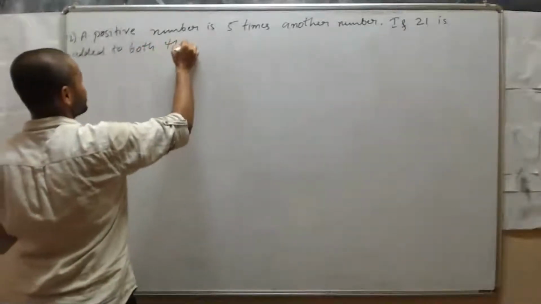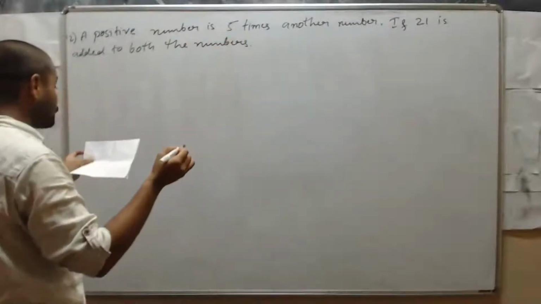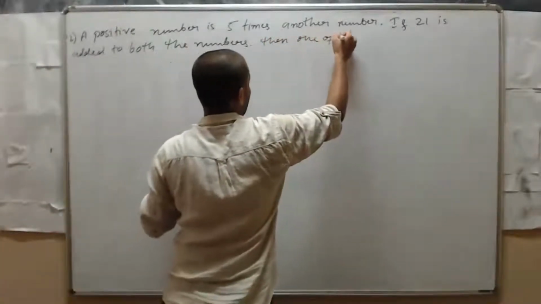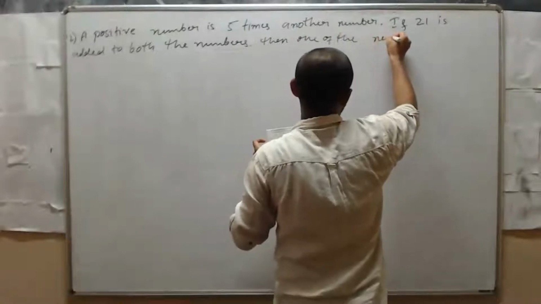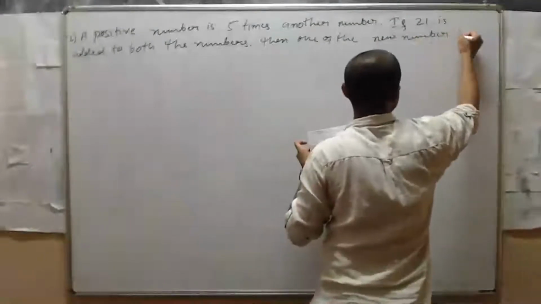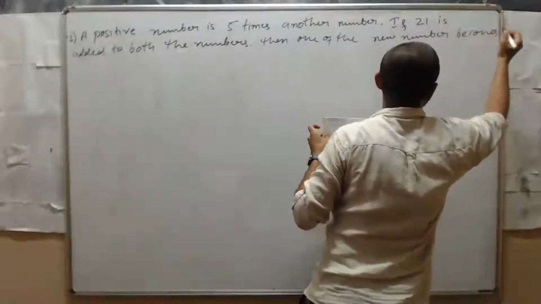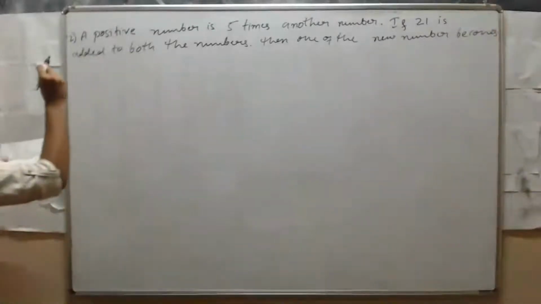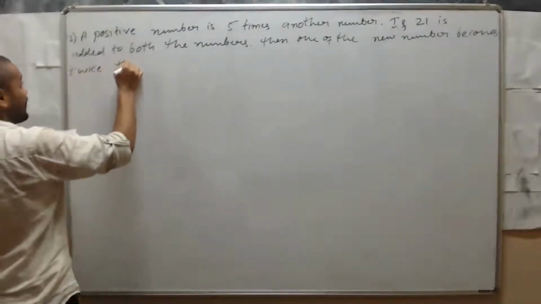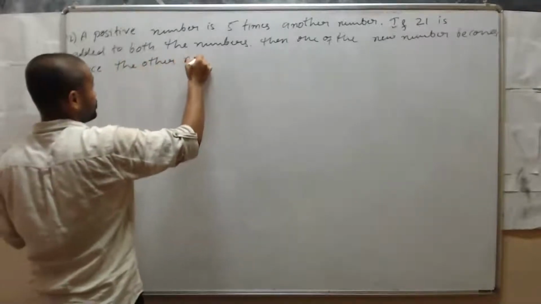Both the numbers, then one of the new numbers becomes twice the other new number.